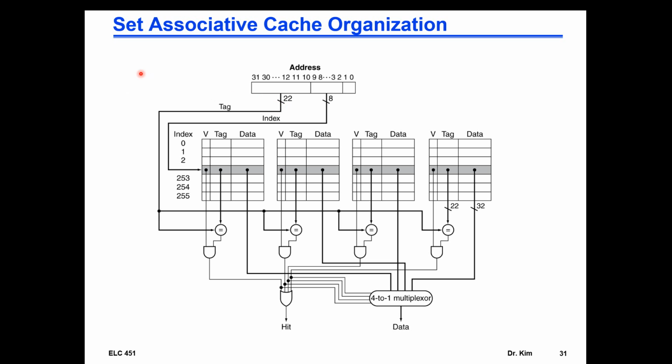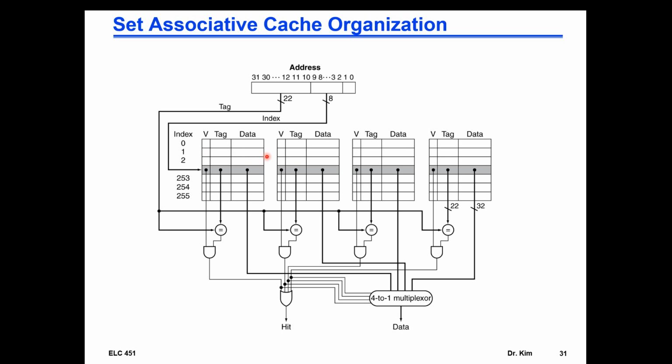So you can visualize the number of lines of cache for a given storage amount, okay? For a given storage, the number of sets, or the associativity, gives you how wide the cache structure is, and the number of lines gives you how tall it is.